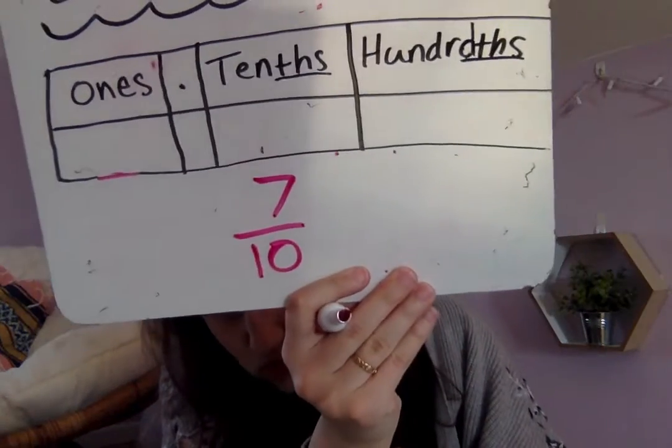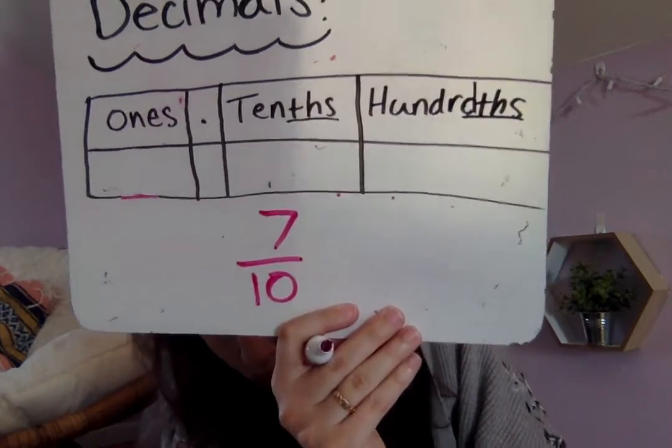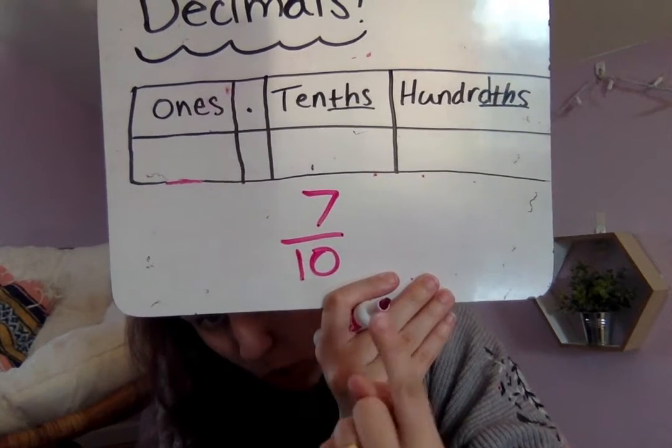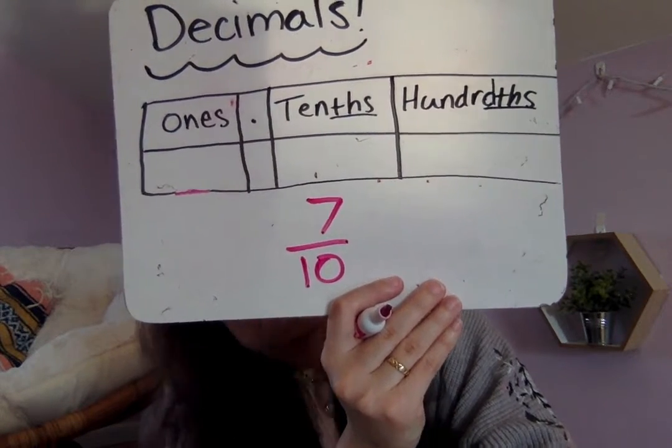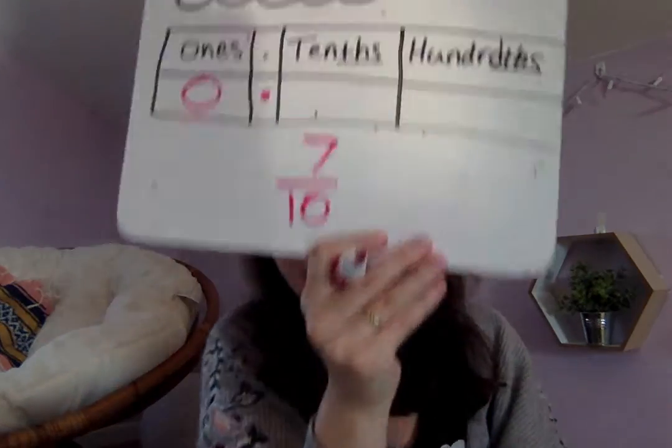So let's take a look at this decimal. We have 7/10, and I want to make 7/10 into a decimal. Well, do we have any ones? Do we have a whole cake? If I gave you 7/10 of a cake, did I give you a whole cake? No, I did not. I gave you no wholes. So I'm going to put 0 ones, and then I'm going to put my point, because that lets me know we're moving on to decimals.